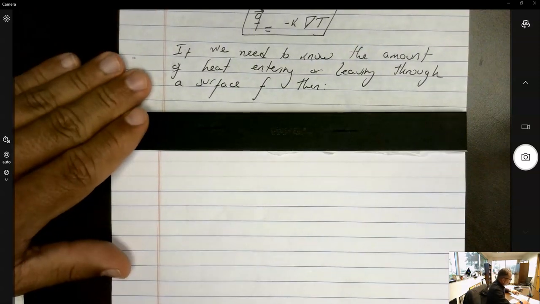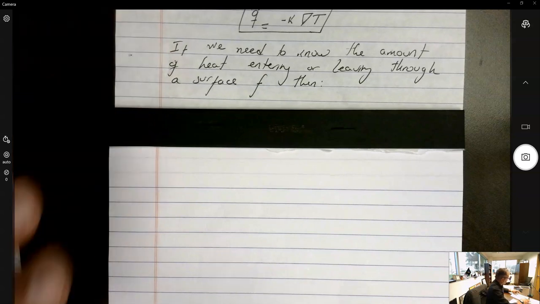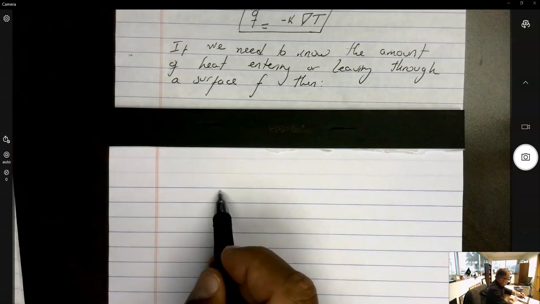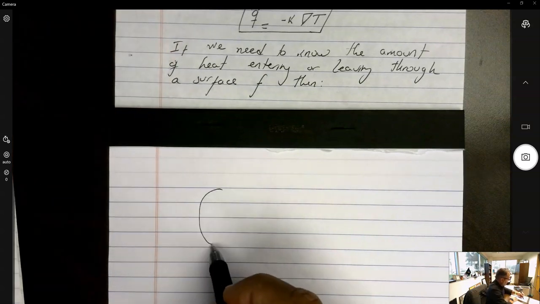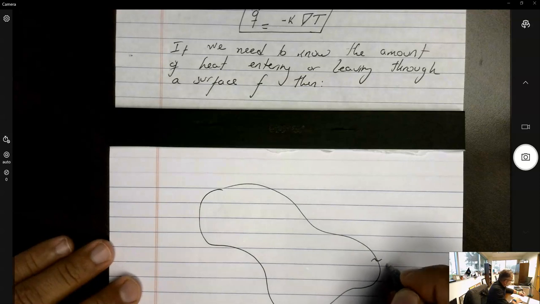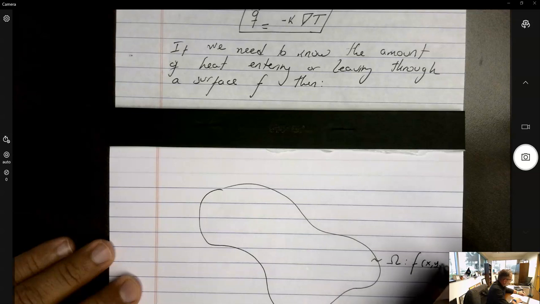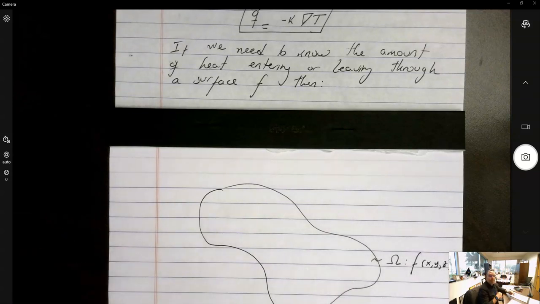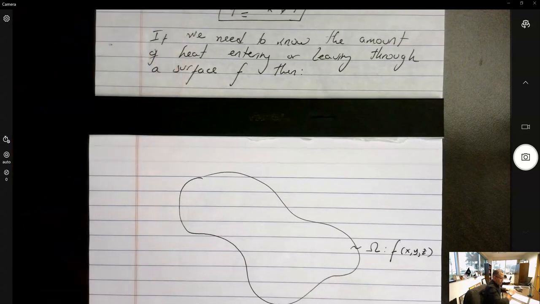So let me illustrate this first. So we have a domain. Okay, and this domain is just some volume, omega, whose surface is defined by this function f of x, y, and z. Okay. Through the surface, we have a temperature distribution.